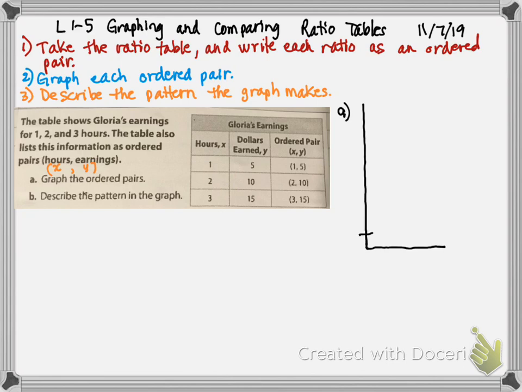So let's see if I can do that. 2, 4, 6, 8, 10, 12, 14, 16. And so then I'm going to number every other number: 2, 4, 6, 8, 10, 12, 14, 16.